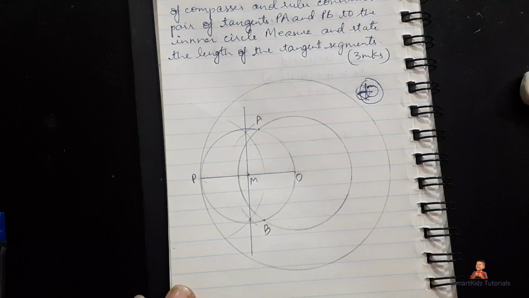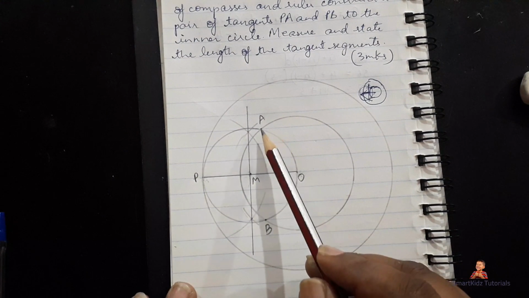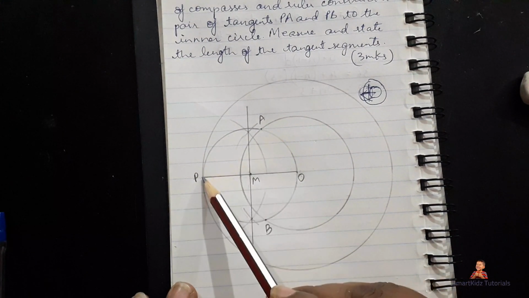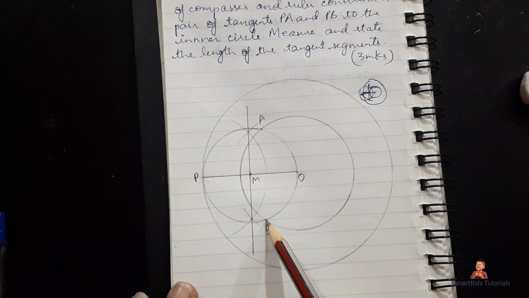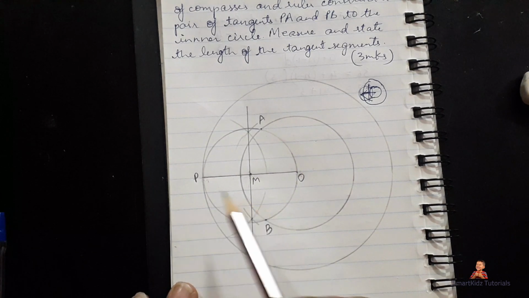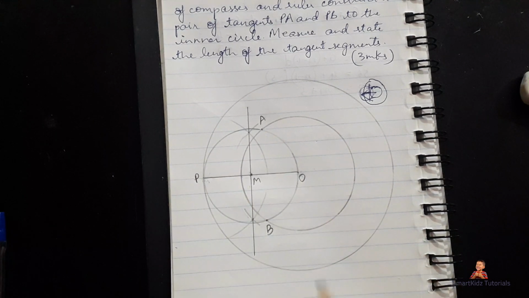Now the next thing is to draw the tangents. So we are going to draw the tangents from A all the way extending to P, and similarly we will draw a line from B connecting to P. So we have to draw AP and BP, and those will be our tangents.